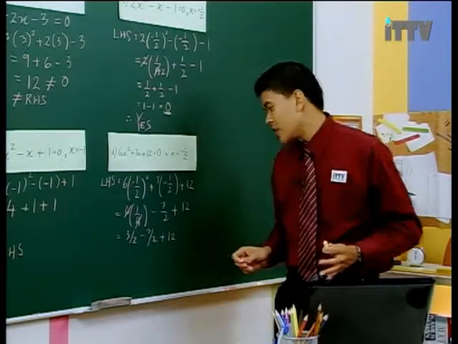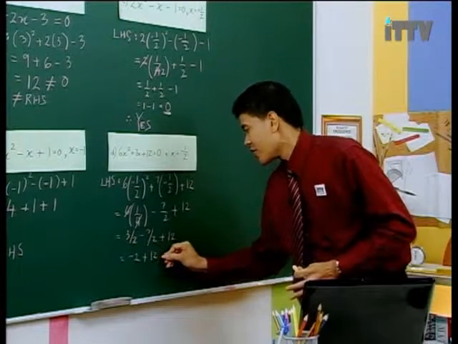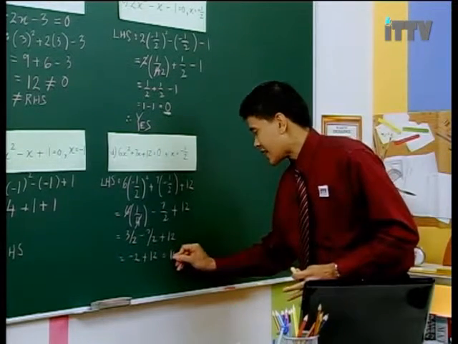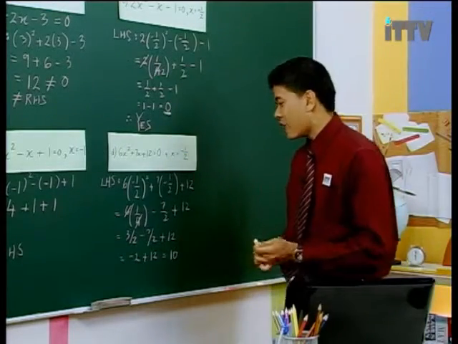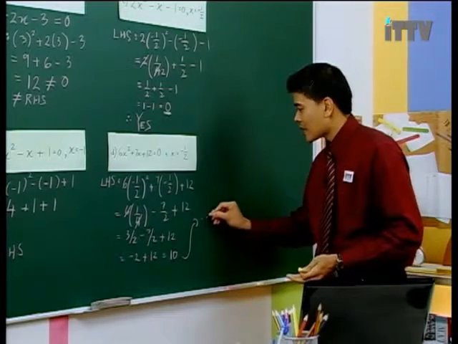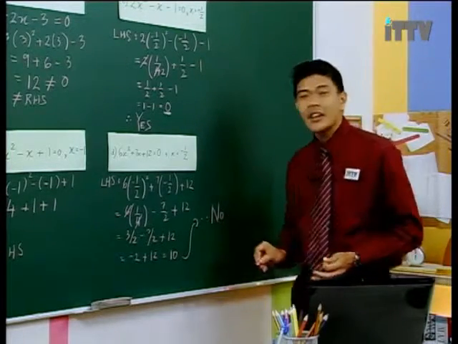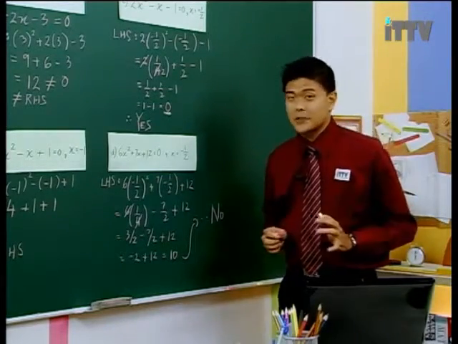What is the value? Minus 2 plus 12, which is 10. Not the same as the right hand side. Therefore, we just conclude that it is not a solution for this particular quadratic equation.